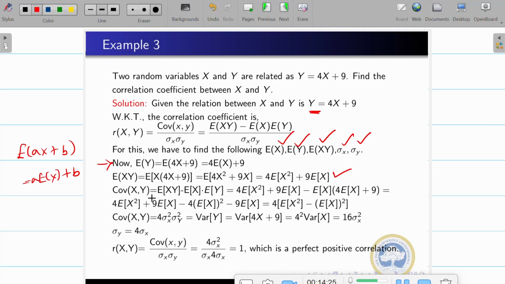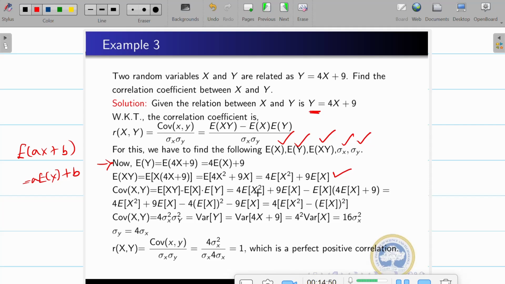Now we have to find the covariance, right? So substitute these two, minus the expectation of x and expectation of y. Expectation of xy is 4 expectation of x square plus 9 expectation of x, minus expectation of x as it is, times expectation of y, which is 4 times expectation of x plus 9. Make the simplification.